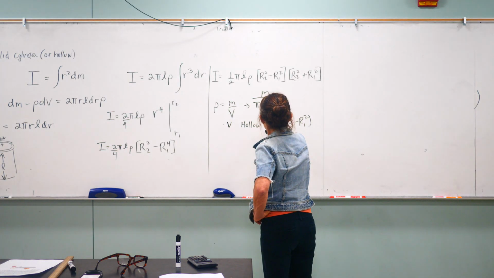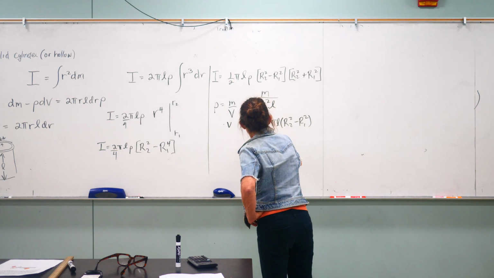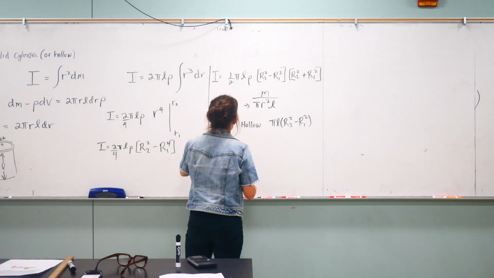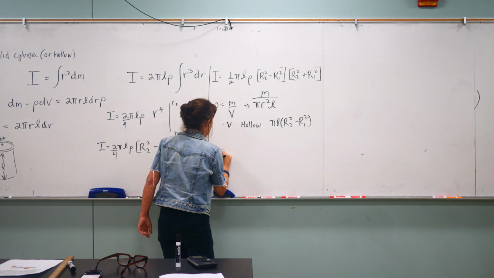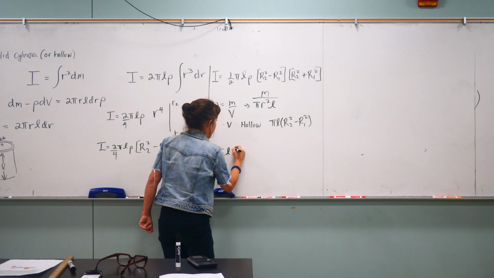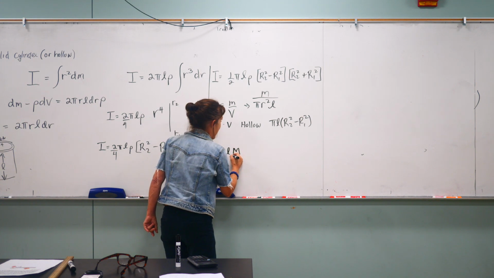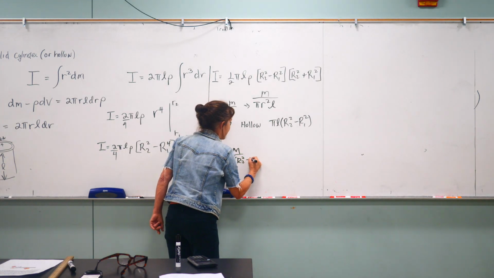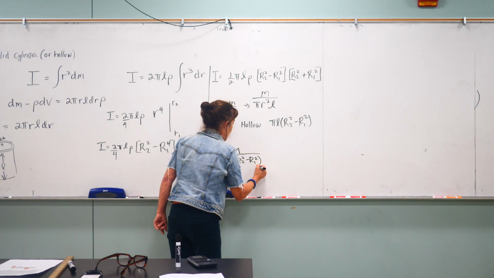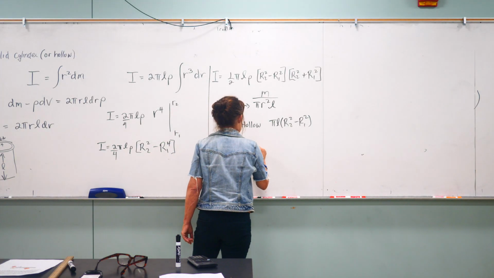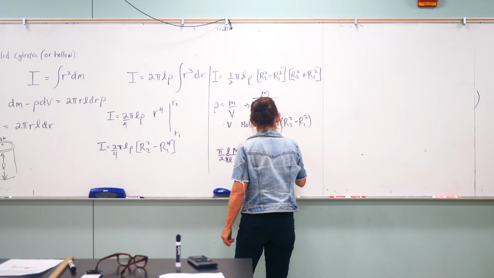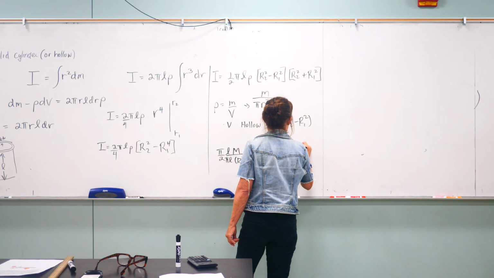So now I'm going to take this expression, this is the volume and this is rho, right? And I'm going to pop it in there. So I've got pi over 2 times L times mass divided by pi times L times r2 squared minus r1 squared, times r2 squared minus r1 squared times r2 squared plus r1 squared.